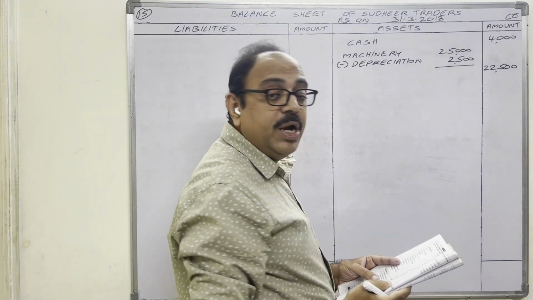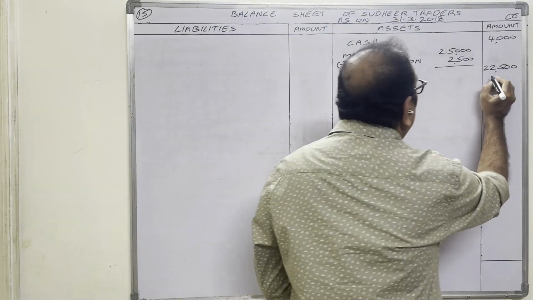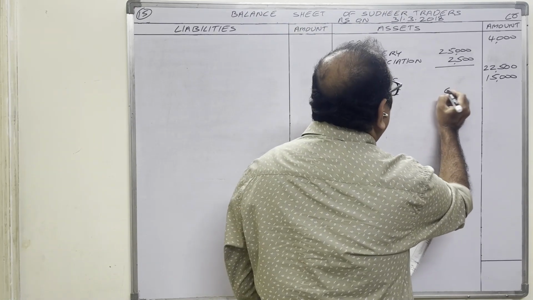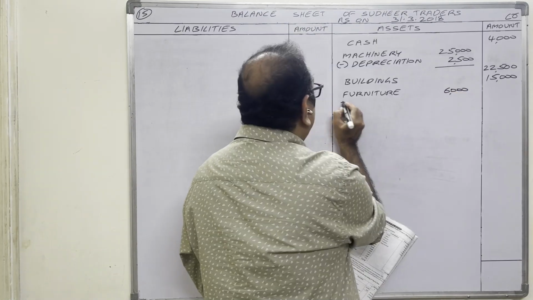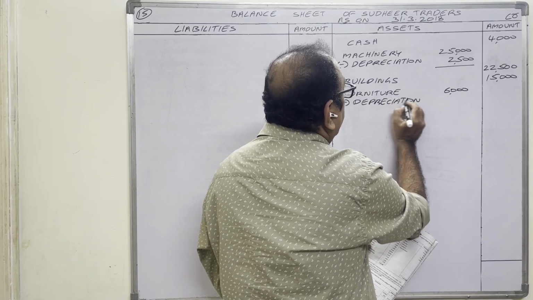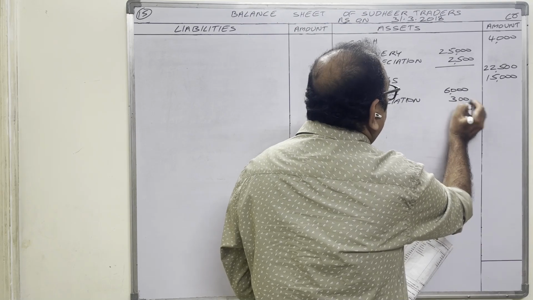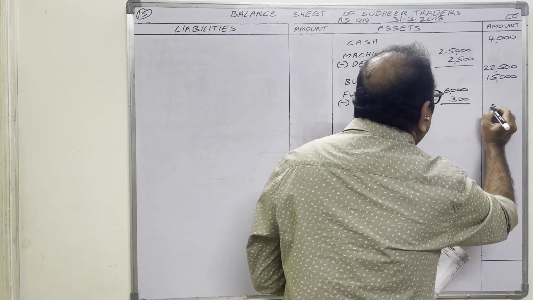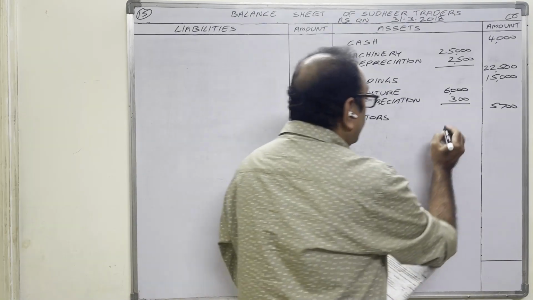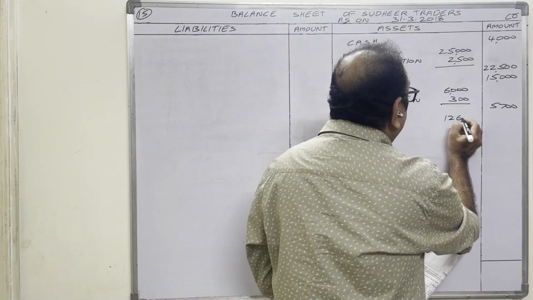Next, buildings asset 15,000. Furniture asset 6,000. Depreciation is there, minus depreciation 5%. 300 came in the P&L account, that amount here. Remaining amount in outer column. Debtors asset in inner column 12,600.